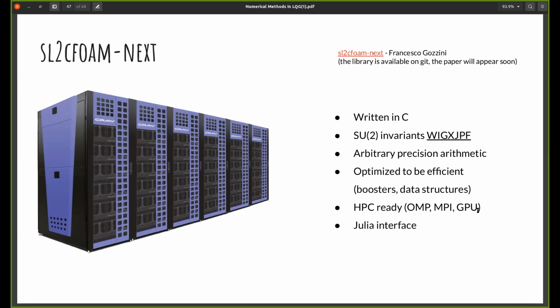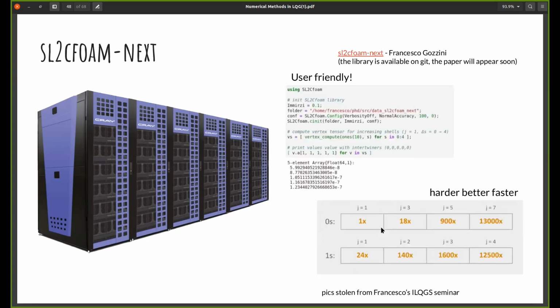He also worked on the GPU implementation, so you can also use graphics cards to perform these computations, and it has a Julia interface, meaning that if you're not interested in putting your hands inside the code, there's a very nice front end that you can use to compute the amplitudes without caring too much about what's happening behind the curtain. And this is just to give you an example of code written in Julia, which is very similar, if you want, to Python.